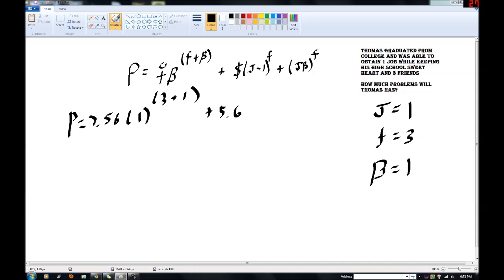Let's see. And then we got Finn's constant, times 1 minus 1 to the 3rd, and that's called the financial section, or Finn's equation. This is Gregor's equation, and this is Finn's equation, and this is kind of a combination of the two.